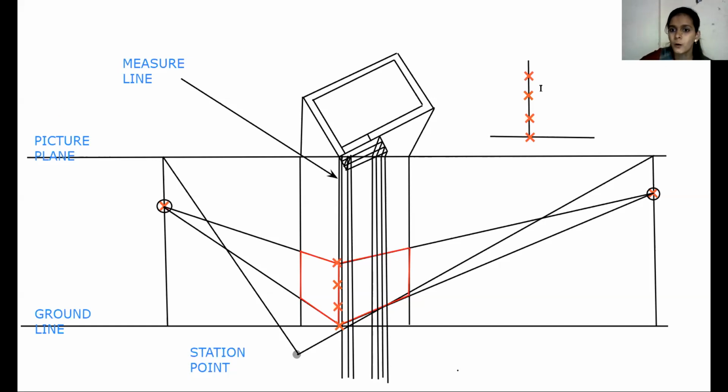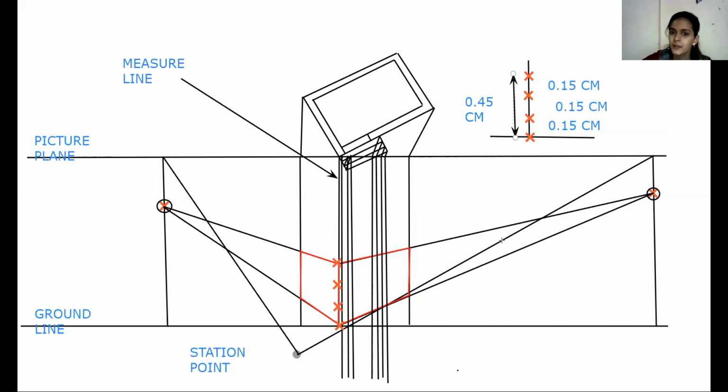So between all these points, there is a 0.15 centimeter distance. What is the total dimension? 0.45 centimeter between these 2 points. Alright.